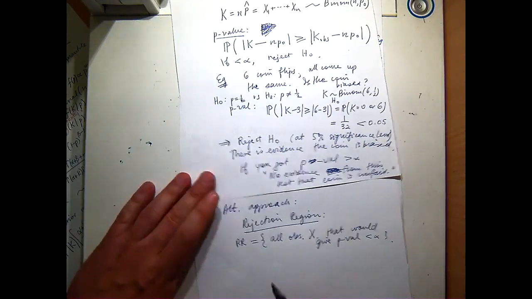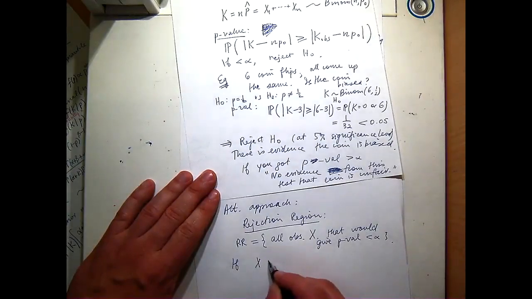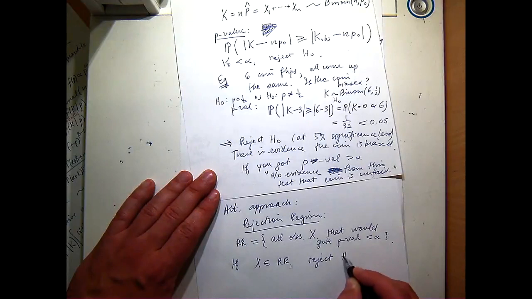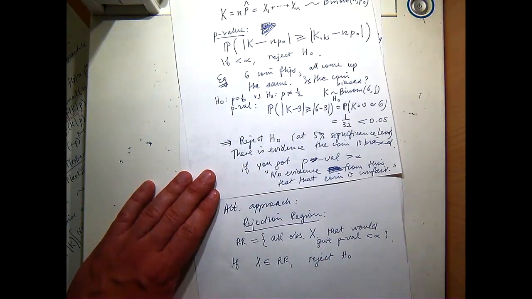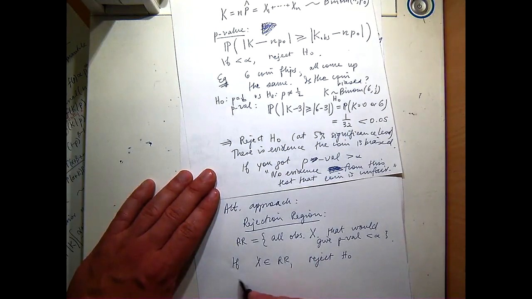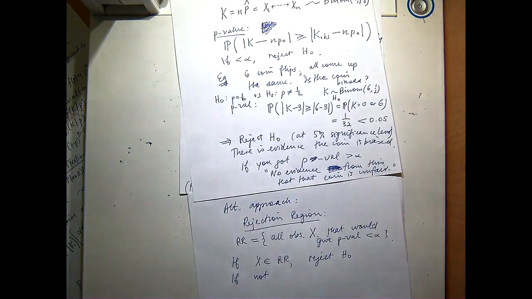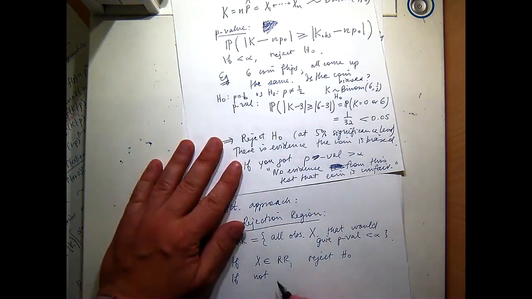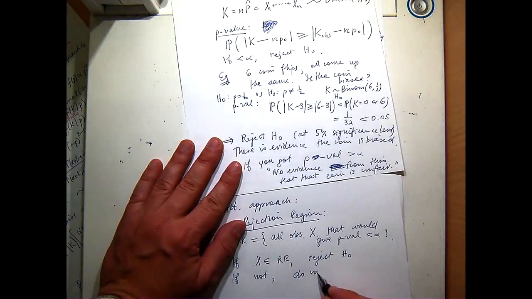So that's often what we do. So if x is in the rejection region, you reject H0. So it's sort of the same as the p-value approach. You're just calculating the region ahead of time. And you can do that with quantiles. Frequently, if you have the 5% quantile, you can find the rejection region, but you can't find the exact p-value. It's something complicated. If not, do not reject H0.